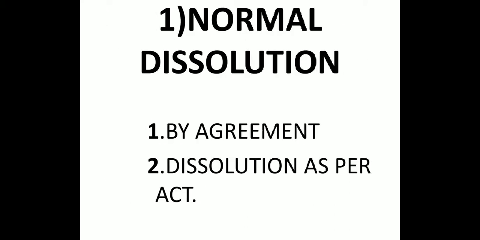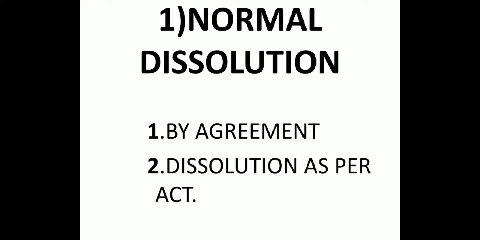So let us study the first method of dissolution, which is normal dissolution, or say dissolution without interference of court. It is given on page number 276 of your textbook. I have presented the necessary head points here. If you want to go in detail, it is given in your textbook.